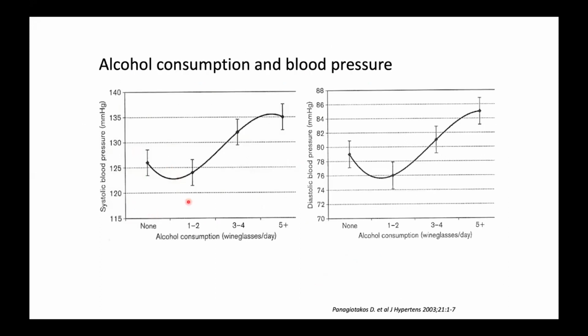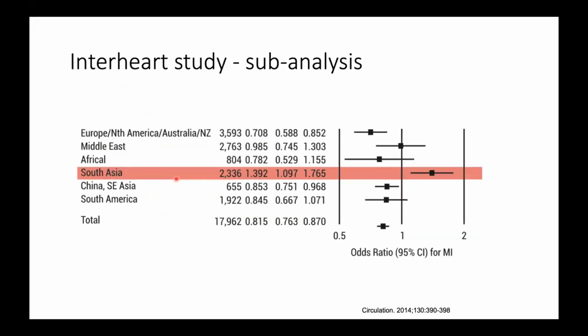There is some J-shaped curve, because as you increase, there is increasing incidence of high blood pressure, and if you reduce further, there will be an increase, meaning some amount of alcohol is good for your blood pressure. But there is a big but: in the Indian context, alcohol has always been found to be harmful.